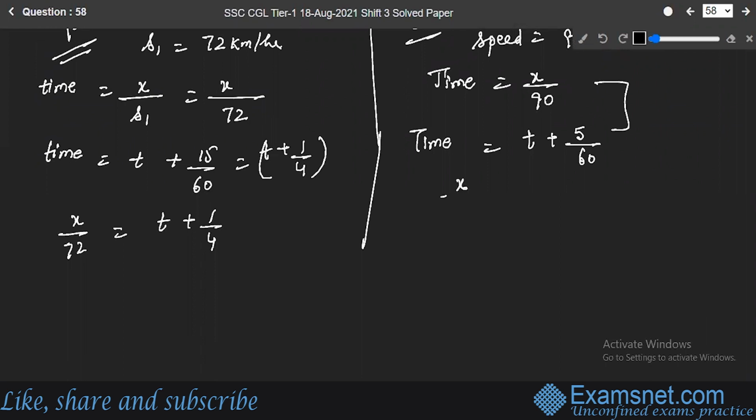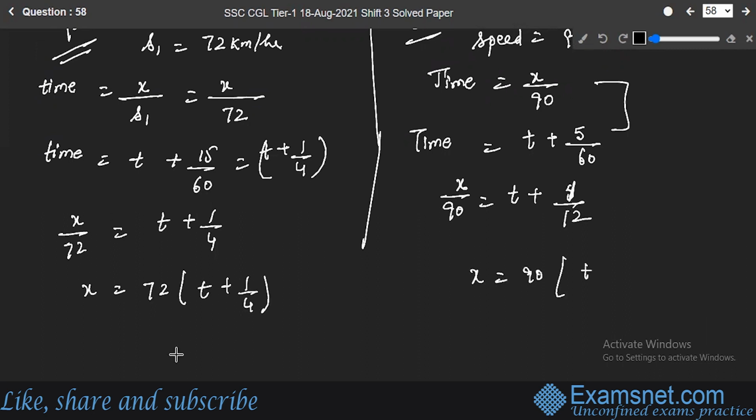They two are equal. So x upon 90 is equal to t plus 5 upon 60, that is equal to 1 upon 12. So from here you have x is equal to 72 into t plus 1 by 4. From here you have x is equal to 90 into t plus 1 by 12.